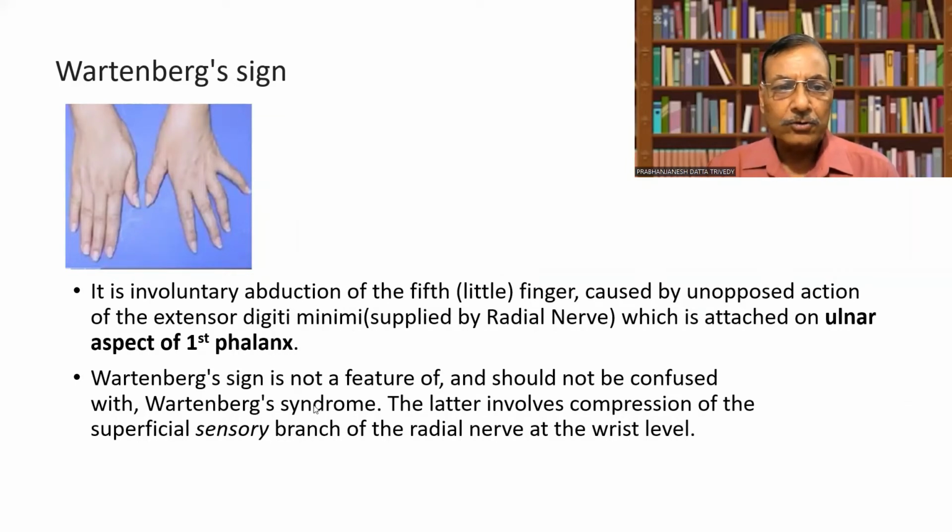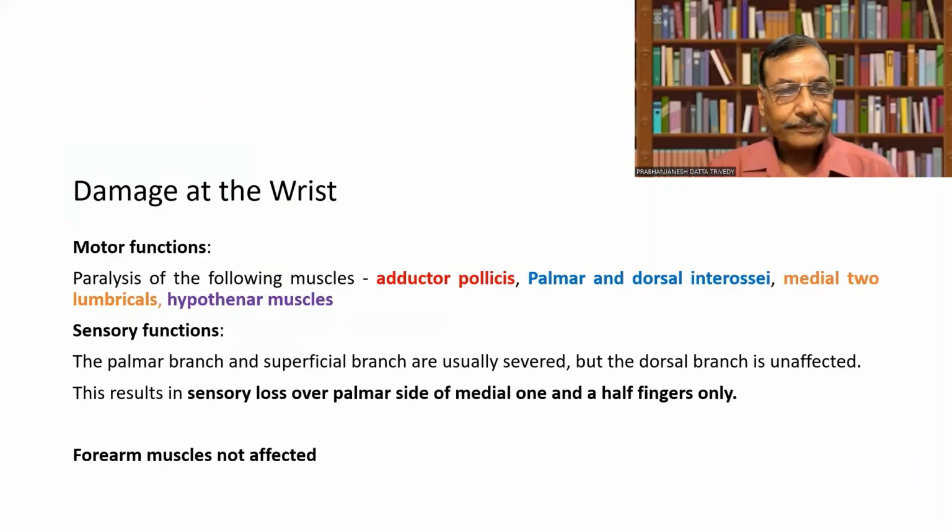It is involuntary abduction of the fifth finger, caused by unopposed action of the extensor digiti minimi, which is supplied by the radial nerve and which remains spared. And why does it occur? Because the extensor digiti minimi is attached on the ulnar aspect of the phalanx.